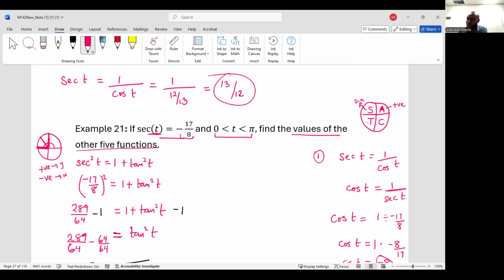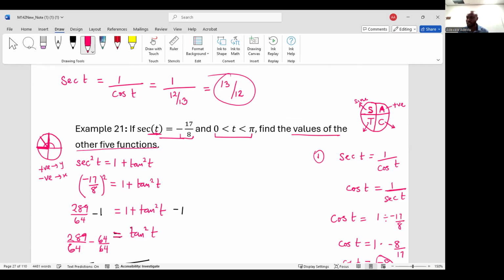Only sine is positive in this second quadrant. Every other thing is negative. Here, only tangent is positive in the third quadrant. Every other thing is negative.